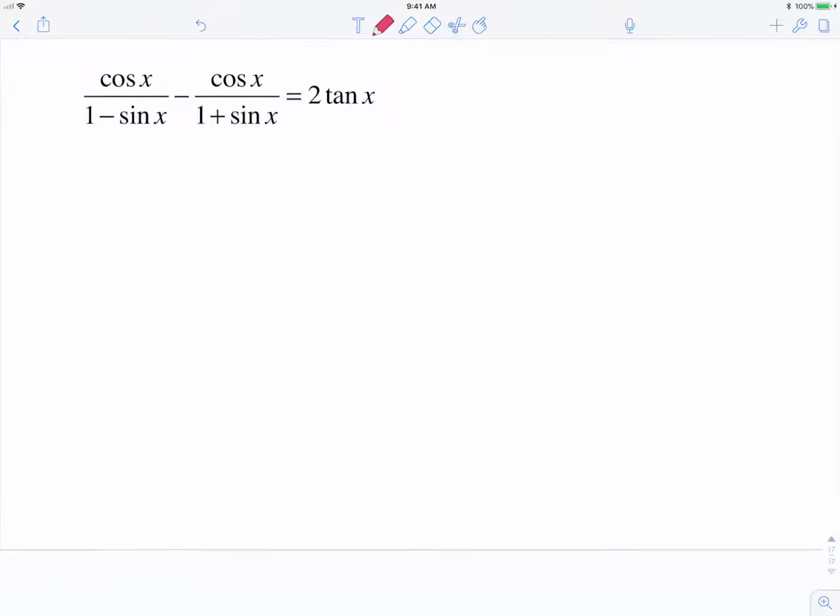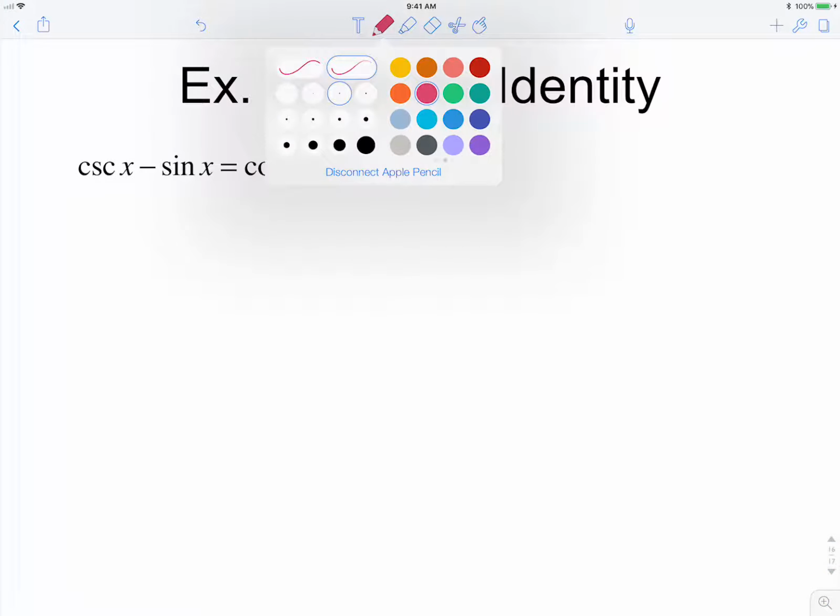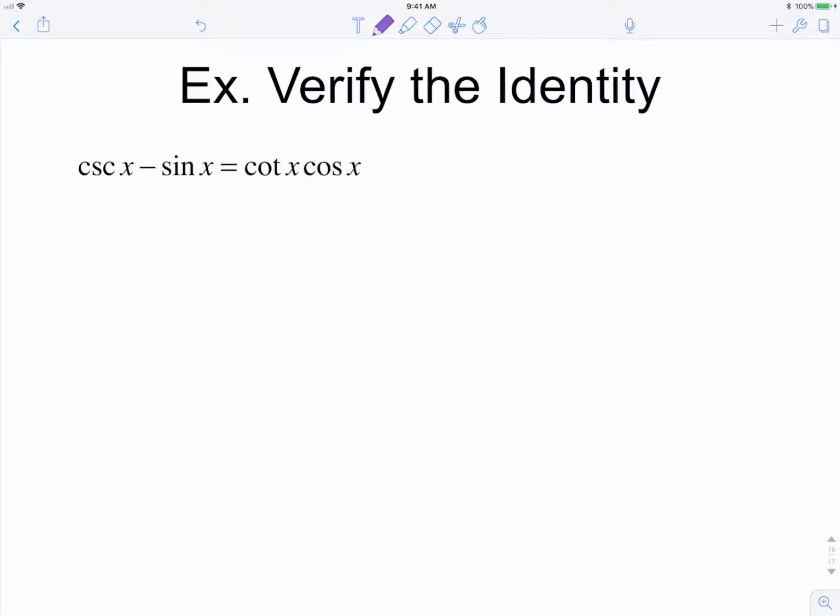This last, nope, not yet. Okay, left or right side? Hard to say. I would probably work on the left-hand side since it's a difference. And I always have the option of trying to combine into a single fraction, because cosecant I can write as 1 over sine. Let's see.